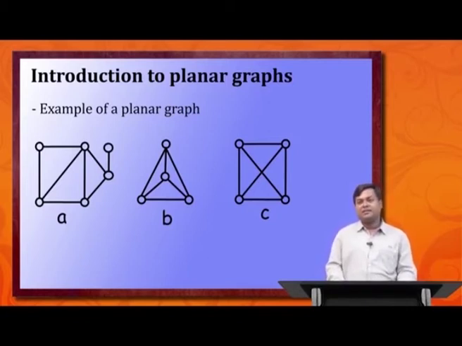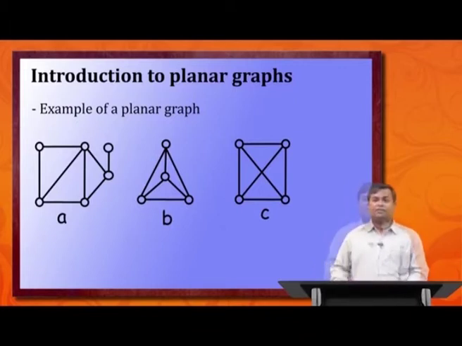Interestingly, graph C has some edge crossing; at first look the diagonal edges cross. Now we need to relook at it and redraw it, to see whether there is any other way to draw graph C so that the edge crossing will be avoided.